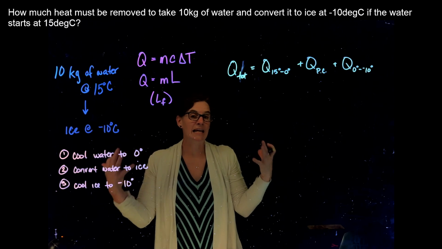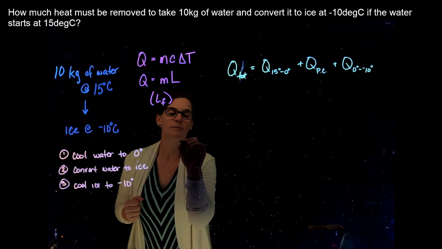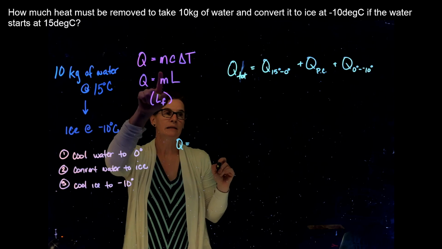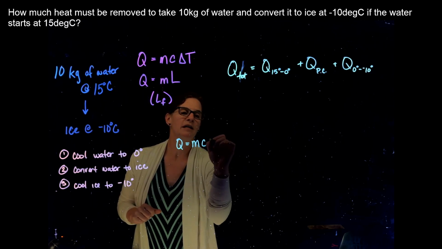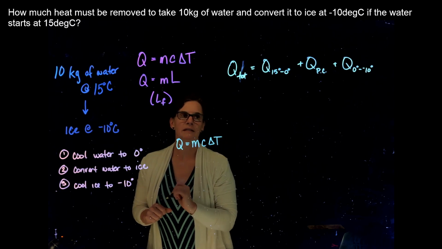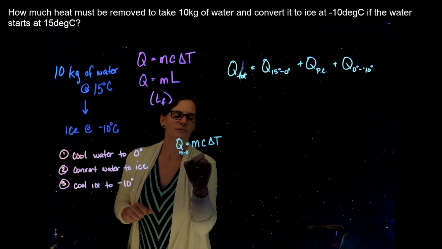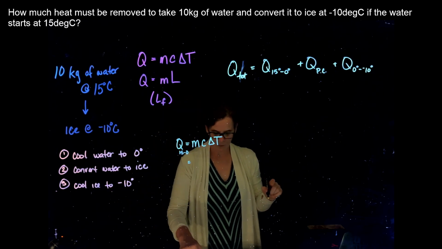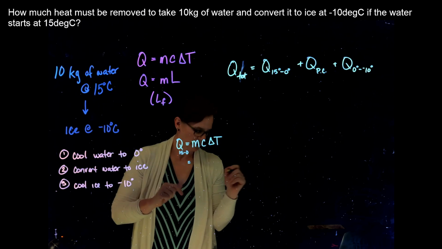We are in a constant phase, so I'm going to use the specific heat relationship. So I have how much heat is the mass of the water times the specific heat of that water times the change in temperature I'm interested in. So this is for 15 to 0. We're told the mass of our water is 15 grams. Nope, 10 grams.